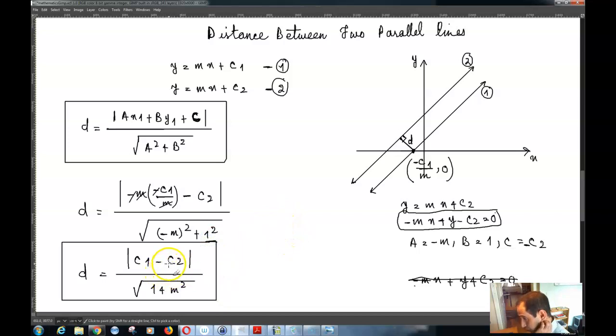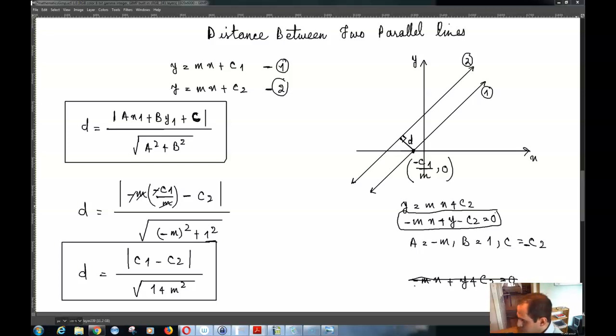As you can see, c1 and c2 are coming from the two lines, and m is common between the two lines because they have the same slopes. And so that's basically the equation.